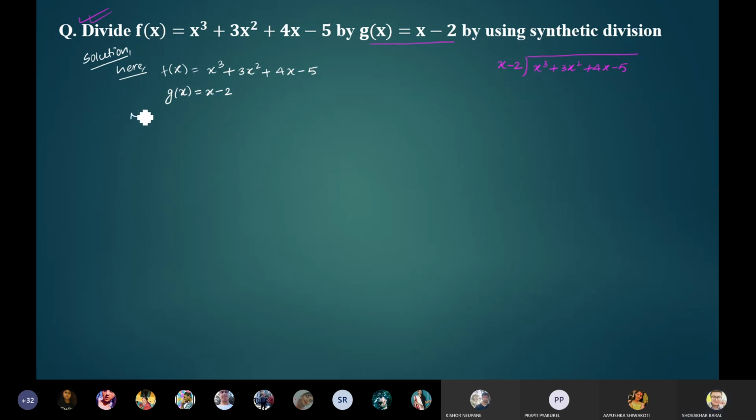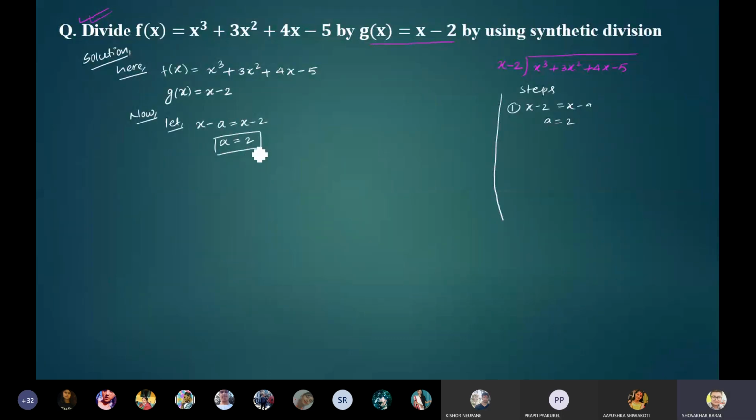Now our first step was to compare x minus 2 with x minus a. I'll write the steps here briefly. Let x minus a equal x minus 2, so a is equal to 2.